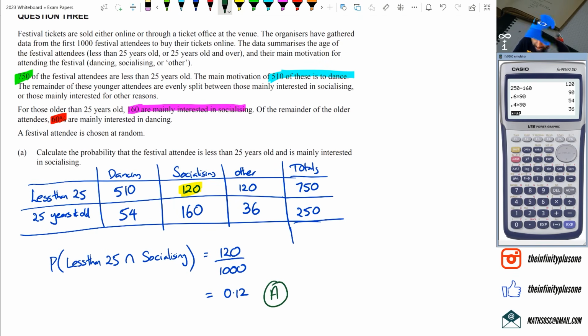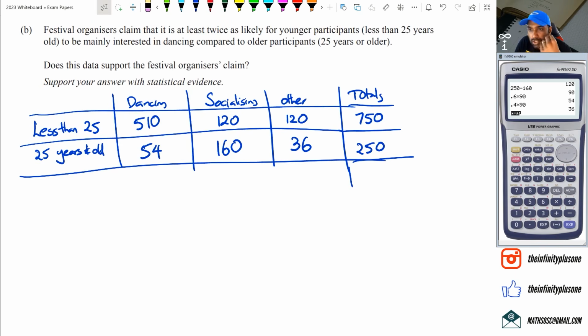Cool. Next question. For part B of this question, I'm going to bring in the table again, so just copy the table there. The organizers are claiming that it's at least twice as likely for younger participants to be mainly interested in dancing compared to older participants.